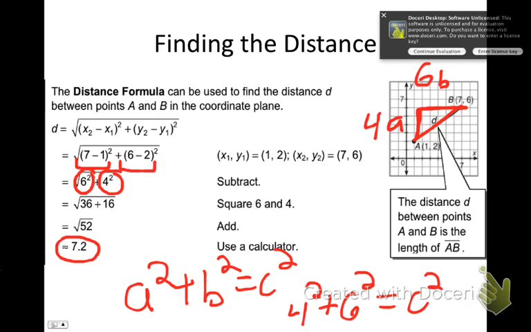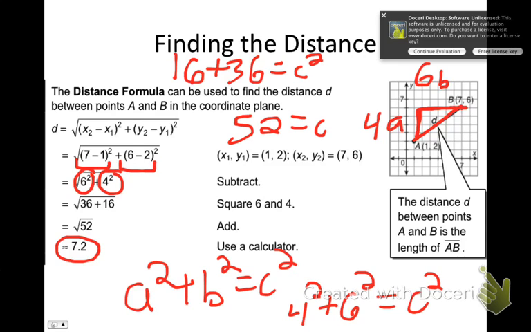Set that equal to C squared. 4 squared is really just 16. 6 squared is really just 36, so 16 plus 36 equals C squared. 16 plus 36 is nothing more than 52. And the last step, always in the Pythagorean theorem, is to take the square root, which, hey, look at that. Square root of 52, square root of 52. Either way, I get approximately 7.2.